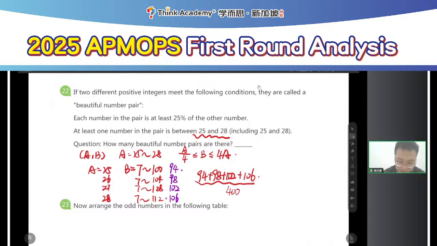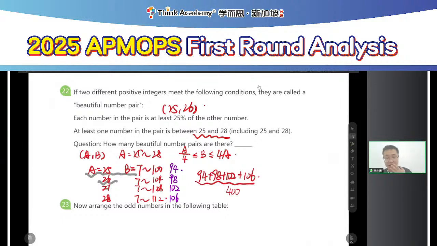So now we suppose that A is 25, 26, 27, 28. Is it possible that B is also 25, 26, 27, 28? Of course it can be, right? Actually, two numbers among 25 to 28 satisfy all the conditions. For example, 25, 26 is counted both in the first condition and also in the second condition, right? We double count these pairs.